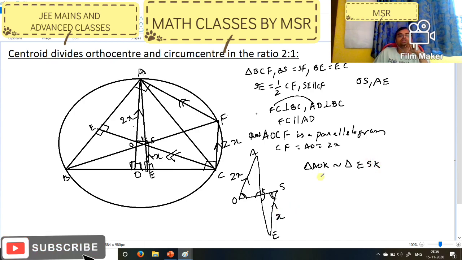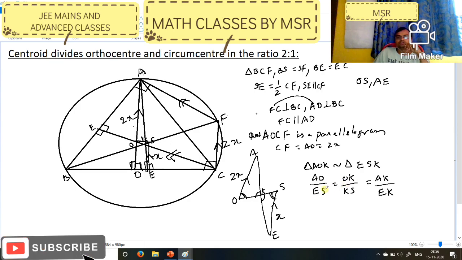AO by ES equals OK by KS equals AK by EK. Here AE is nothing but the median. E is the midpoint of BC, A is the vertex, and the line joining them is the median.